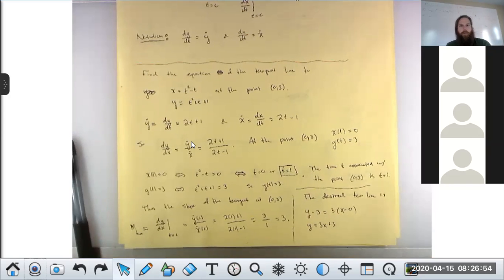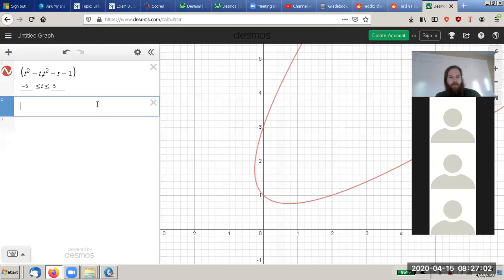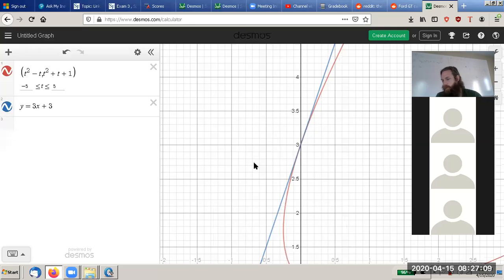And I can come back to my Desmos and see if that looks right. Let's see. Boom, there it is. Looks perfect. Definitely looks like the tangent line to the red curve at that point.